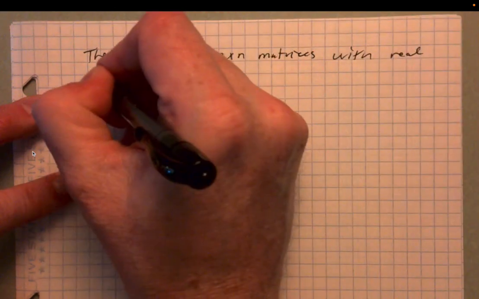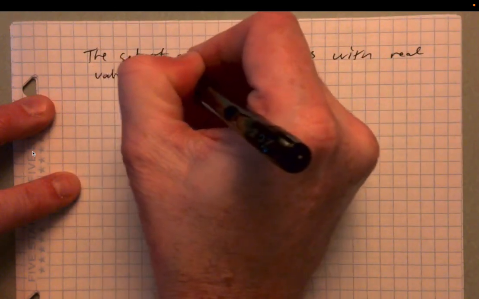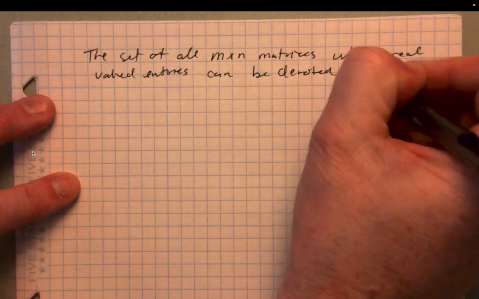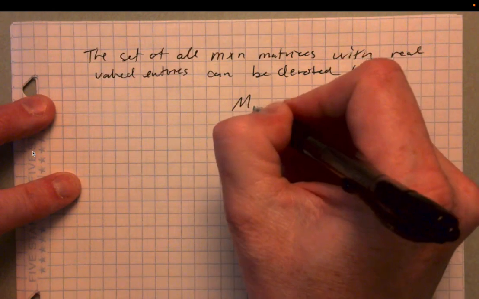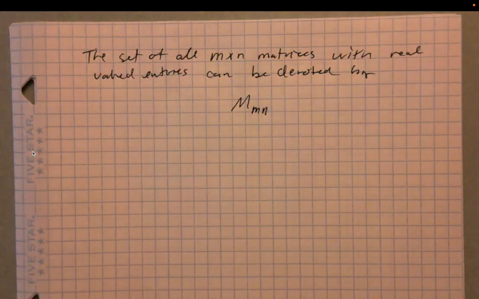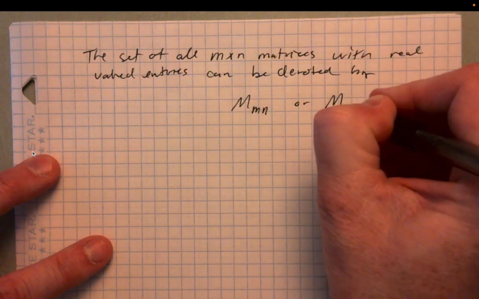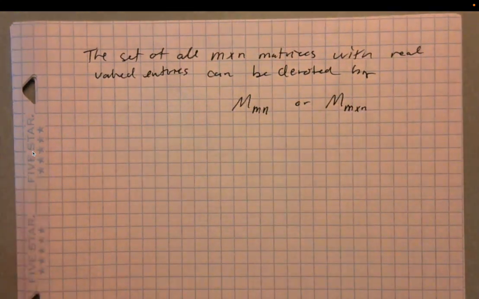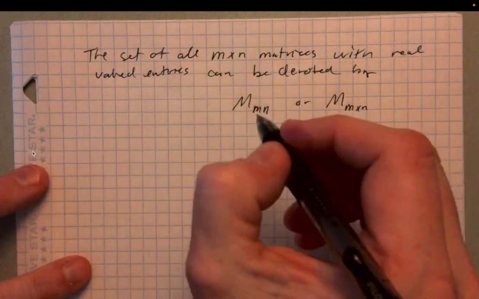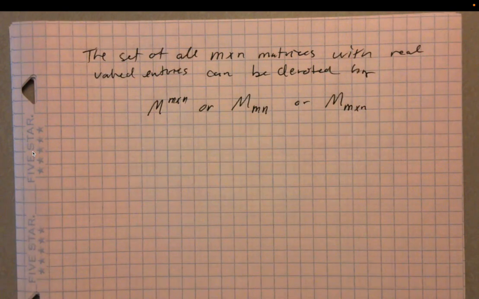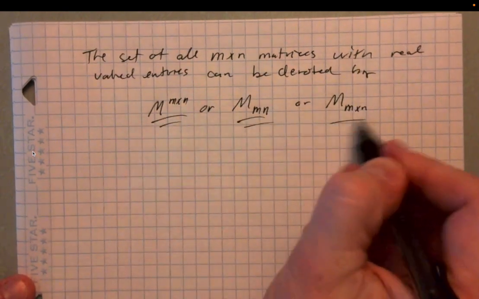This can be denoted by M_mn, like this. There's different ways that I've seen people denote these things. This is one way, M sub mn. I've also seen M written with m by n like this. I've seen all three of these. So there's just different ways to write it.